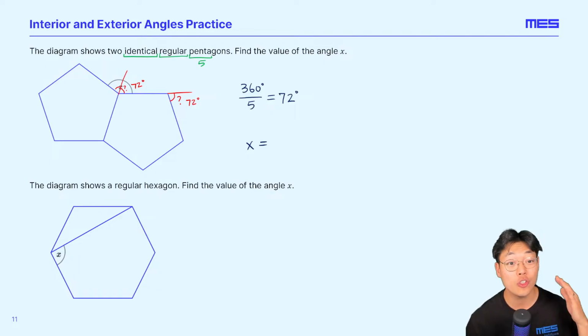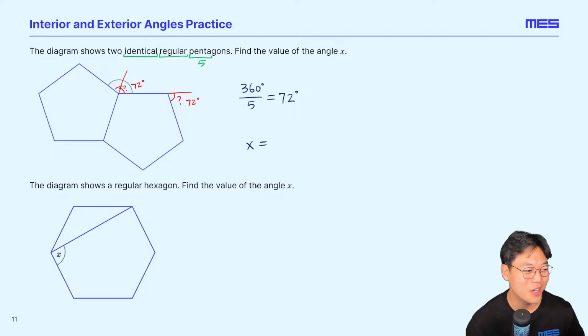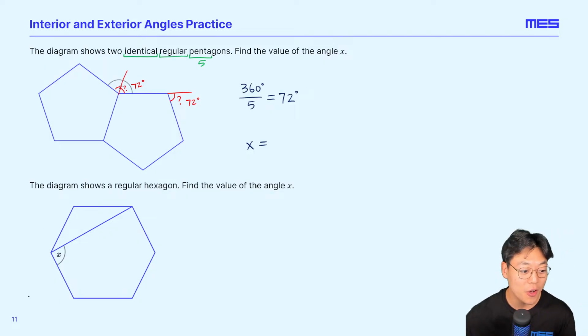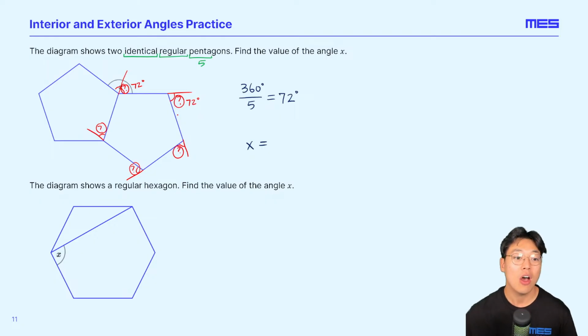Since the diagram shows 2 identical regular pentagons, find the value of the angle x. Daniel is telling us to double, spamming 144. Is everyone else getting 144 as well? Yes, exactly, Madison. This is the same as our animation earlier, right? If I were to draw this out even further, all of these exterior angles, 1, 2, 3, 4, 5, will add up to make a circle, meaning 360 degrees.